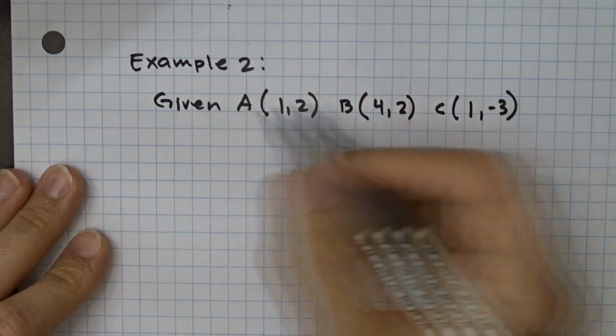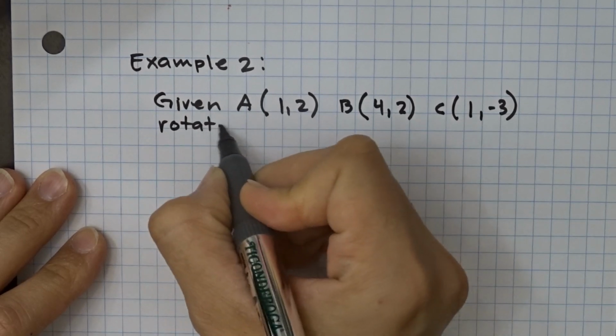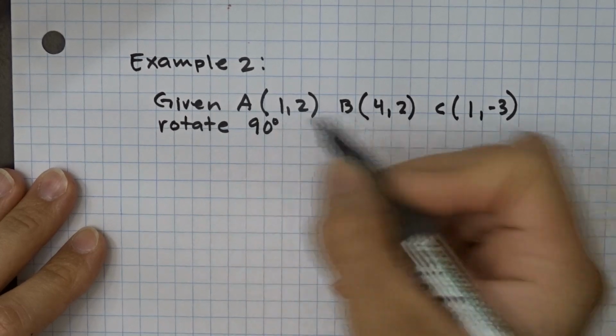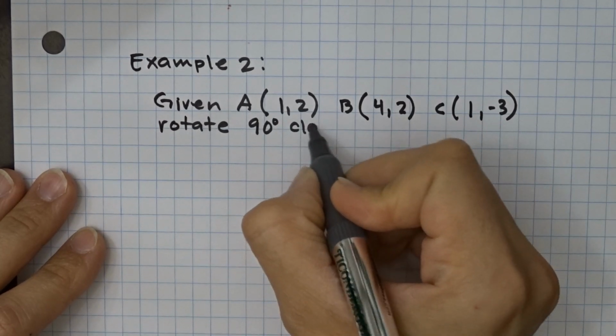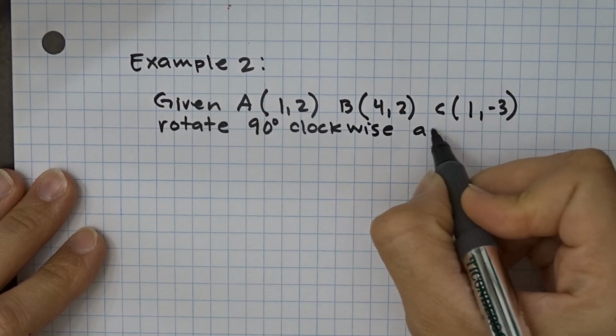So again, we're going to rotate 90 degrees, we'll say clockwise, about the origin.